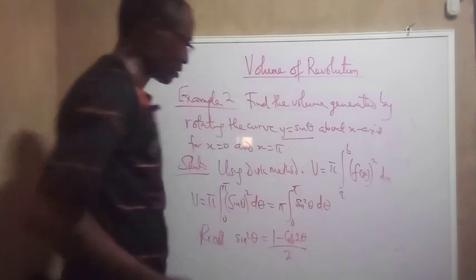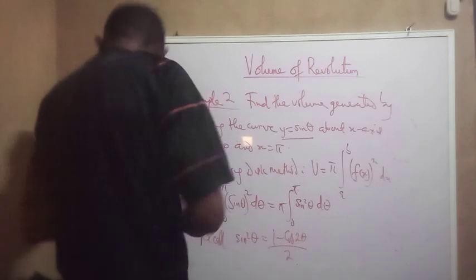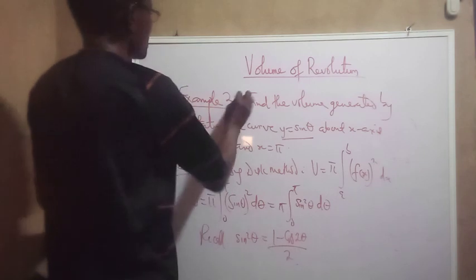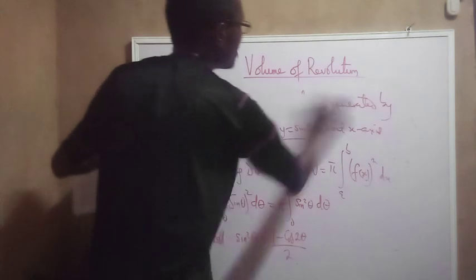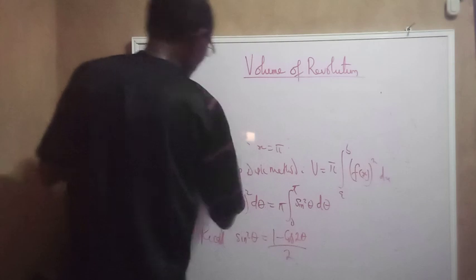So you can check that yourself. I hope you have learned about this trigonometry before. So you try that. Please find out. So sine square theta is what? 1 minus cos 2 theta all over 2. I hope you can still remember that.